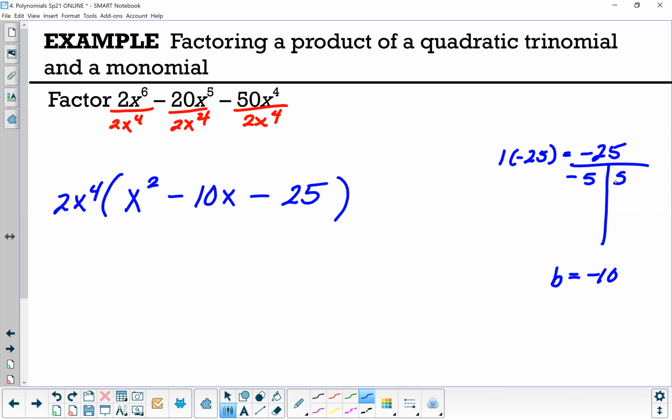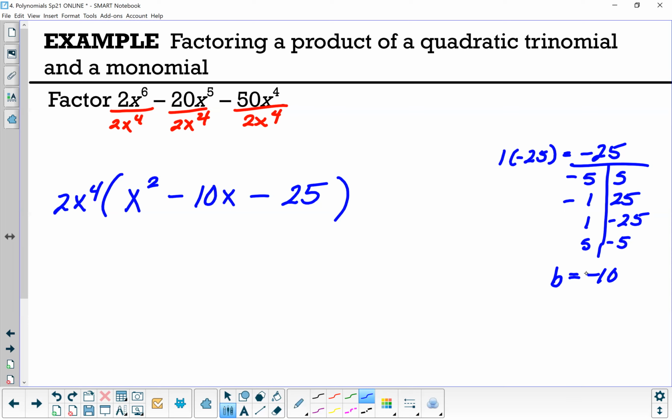What about -1 and 25? Nope. What about 1 and -25? Nope. And you can say, well, what about 5 and -5? That's basically what we have first. So essentially, we don't have a configuration that's going to add to -10.